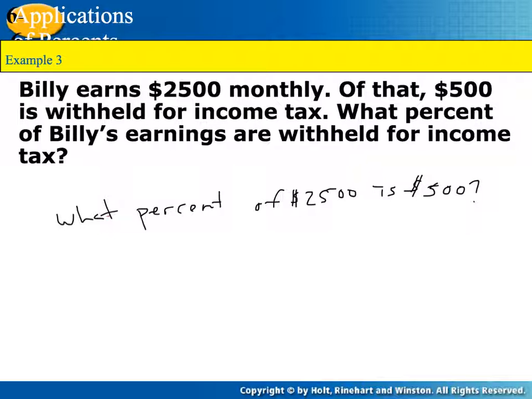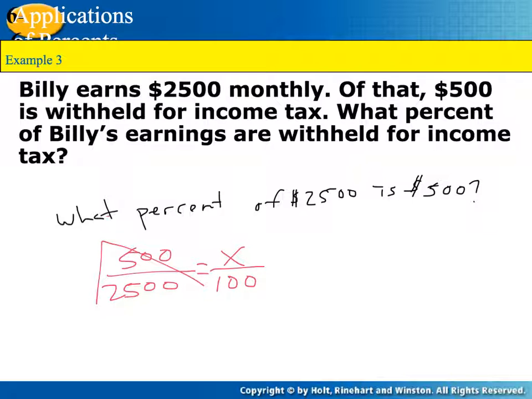Okay, so the question is, could you set this up as a proportion? You should be able to. Remember, is over of equals percent over 100. Hint, hint. Okay, so as I set this up as a proportion, it would look like 500 over 2,500 is equal to x over 100. Cross multiply and solve.